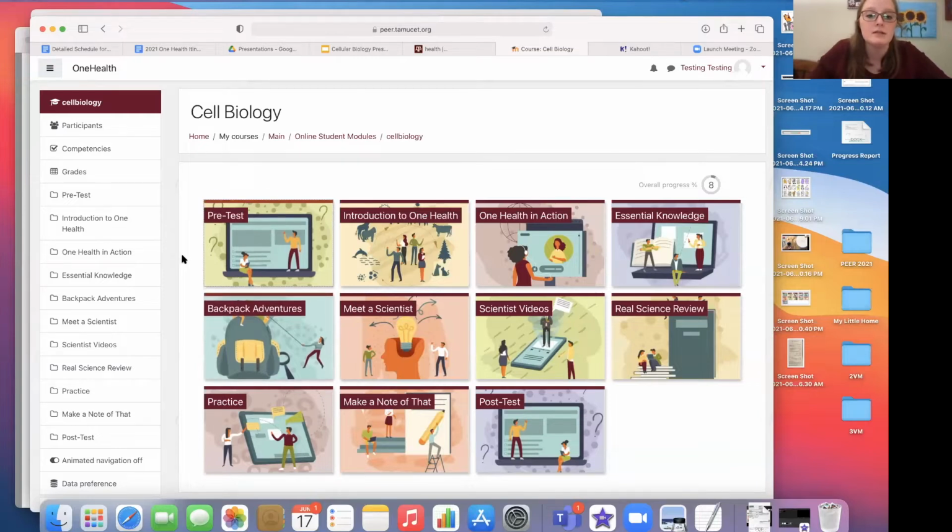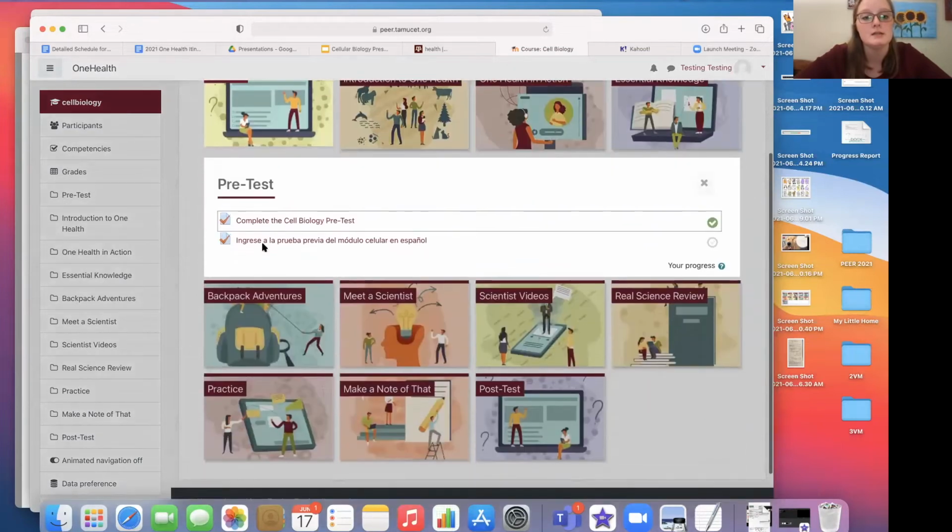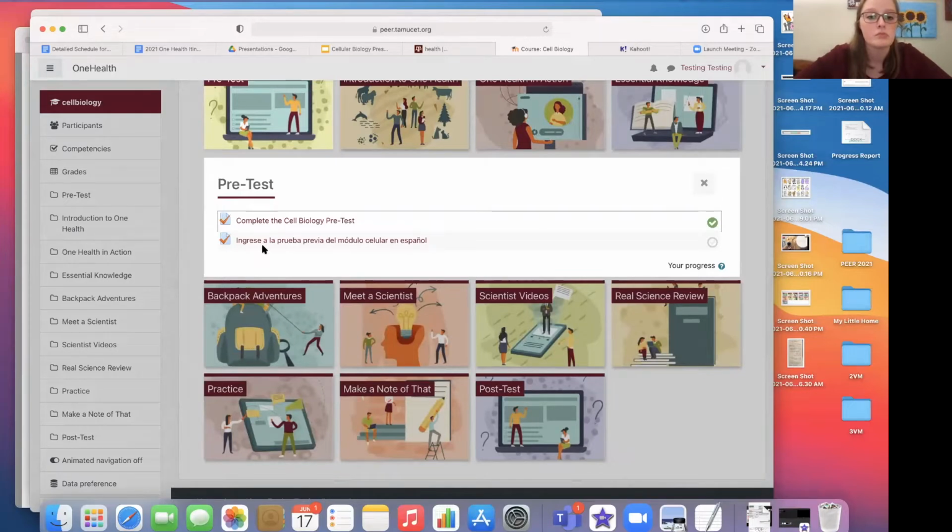But once we get to this screen, some of you may have already retaken the pretest for me so that you could access things yesterday. But to make sure that it works, I would like if everybody would please click on the pretest tile. And then let's go ahead and click on complete the cell biology pretest.